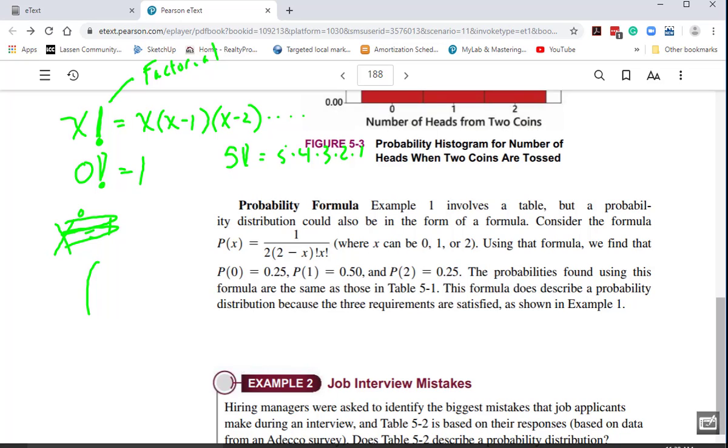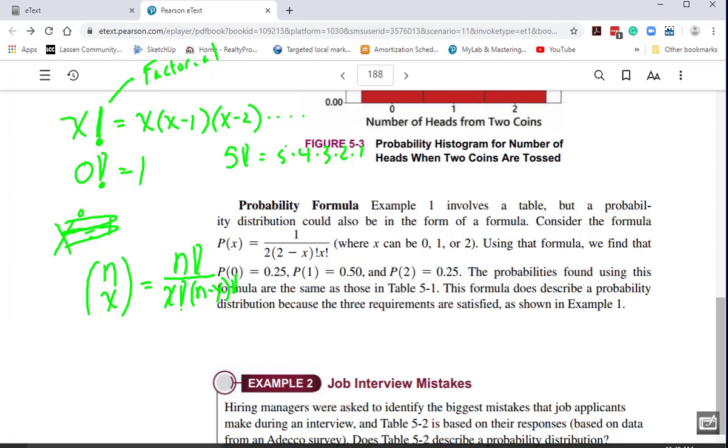So this one here, n choose x. You may have never seen this either. This means that we're going to take n factorial and divide by x factorial times n minus x factorial.